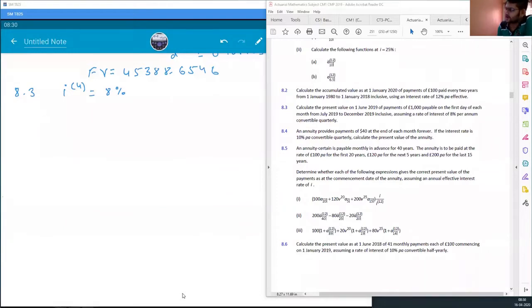Then we need to find present value at 1st June when our first payment is on 1st July. We have our June, July, August till last payment is at December.